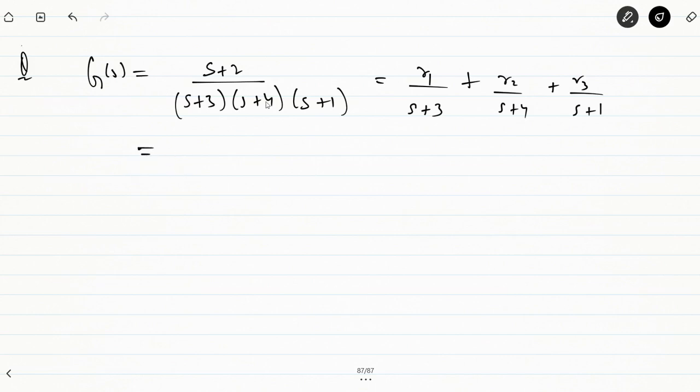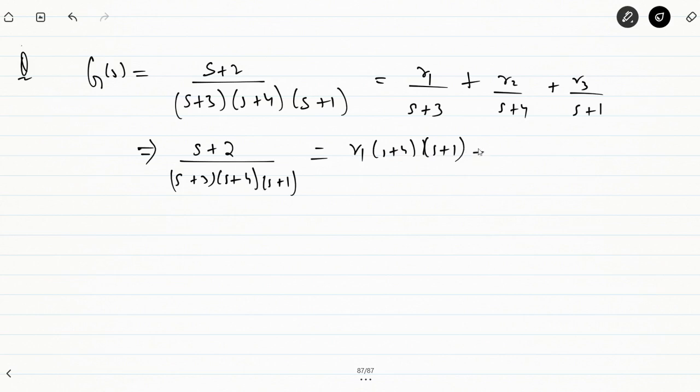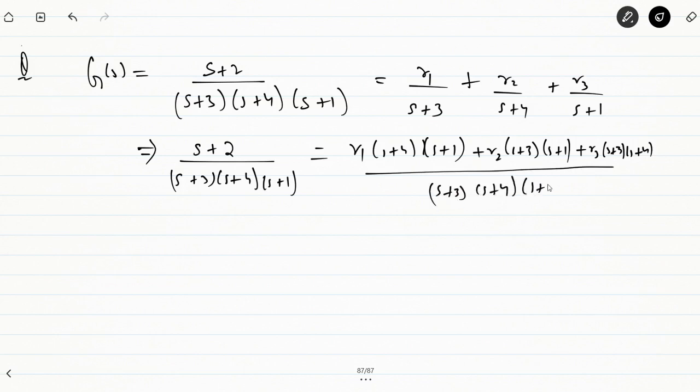So that means (s plus 2) divided by (s plus 3)(s plus 4)(s plus 1) is equal to r1(s plus 4)(s plus 1) plus r2(s plus 3)(s plus 1) plus r3(s plus 3)(s plus 4), divided by (s plus 3)(s plus 4)(s plus 1).